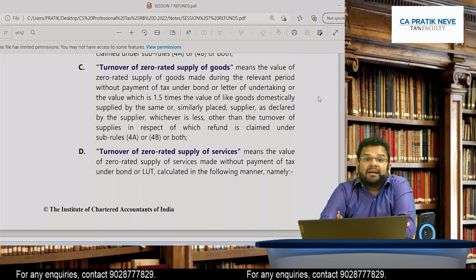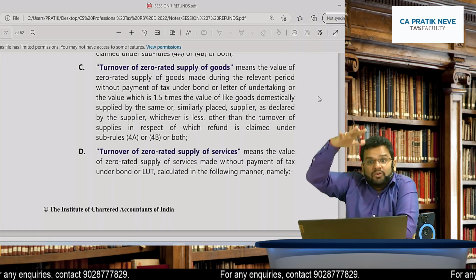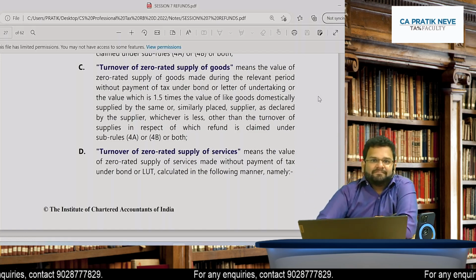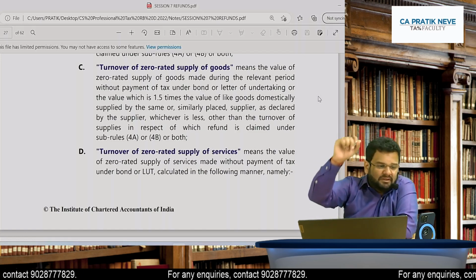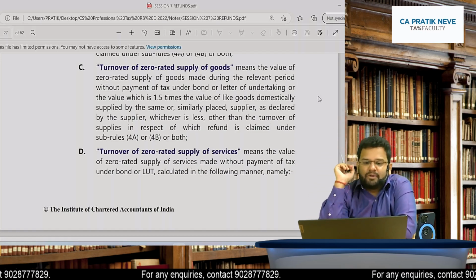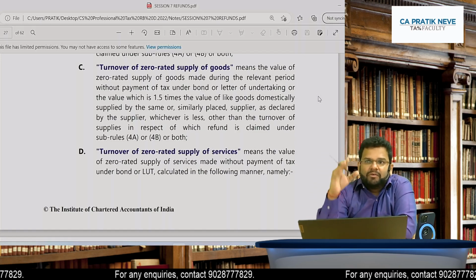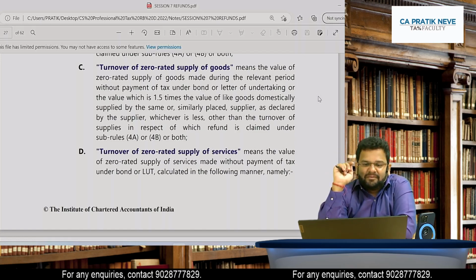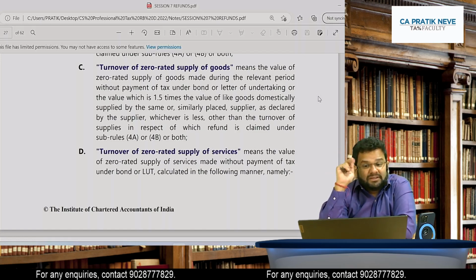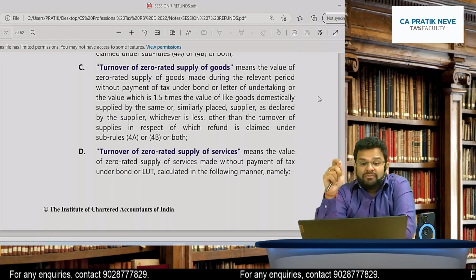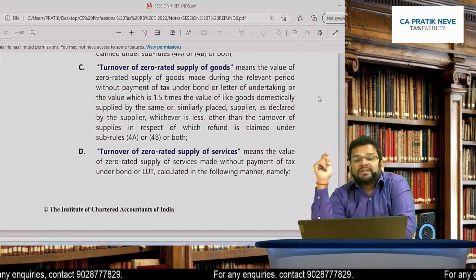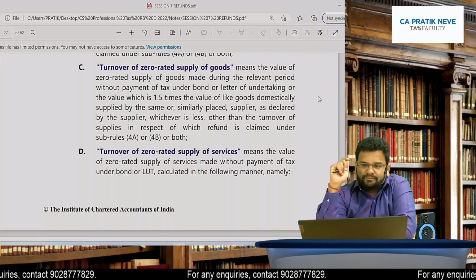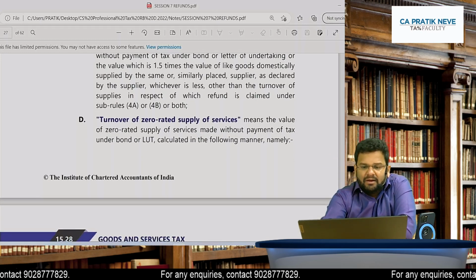You should take 100 or 75, whichever is less. Please remember this very important point. We are of course going to apply it in two sums. So please remember there is a twist in the point of turnover of zero rated supply of goods.